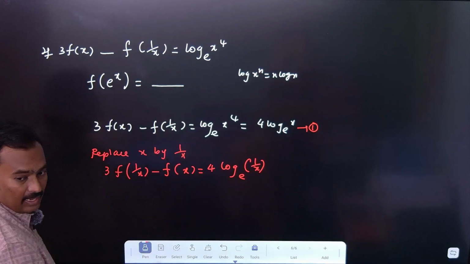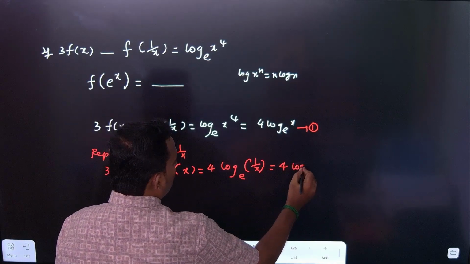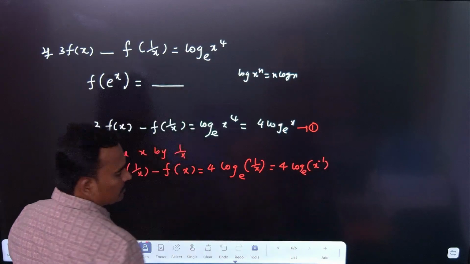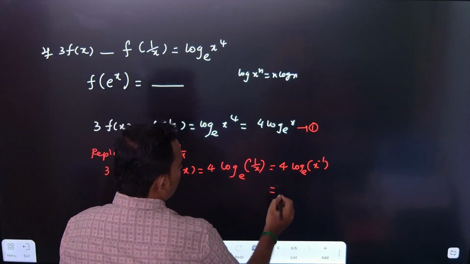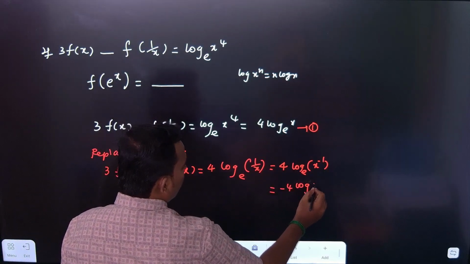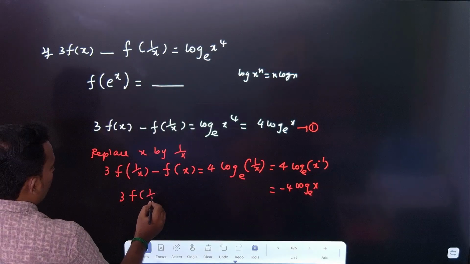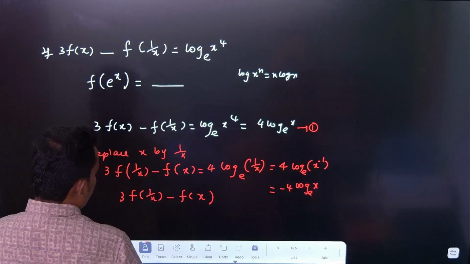Again you can write it in a different way: 4 times log x to the power minus 1 base e. Again you can use the power law, so minus 4 log x base e. Therefore 3 times f of 1 by x minus f of x equal to this one.